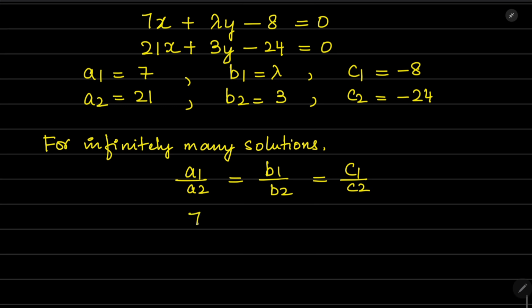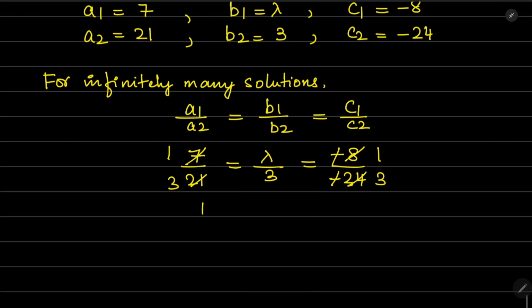So 7 by 21 should be equal to lambda by 3, and that should be equal to minus 8 by minus 24. Minus gets cancelled. 8 ones are 8, 8 threes are 24, 7 ones are 7, 7 threes are 21. So what do you get? 1 by 3 equal to lambda by 3 equal to 1 by 3.